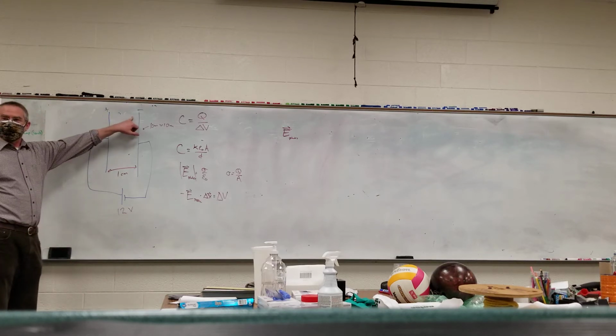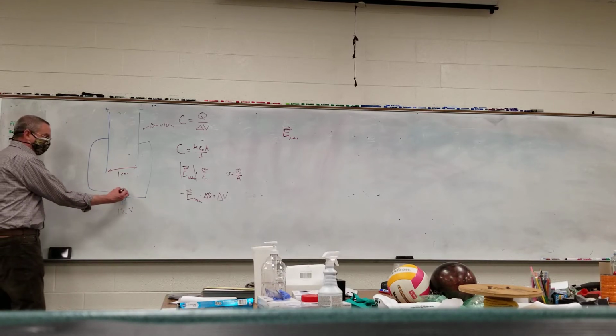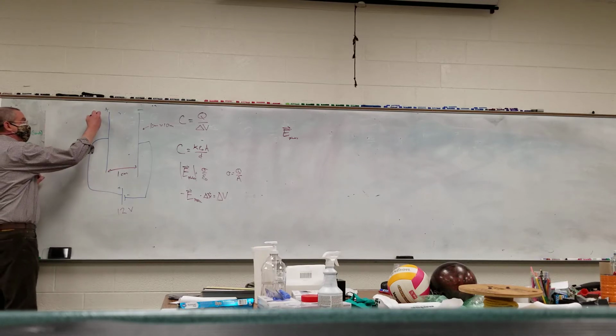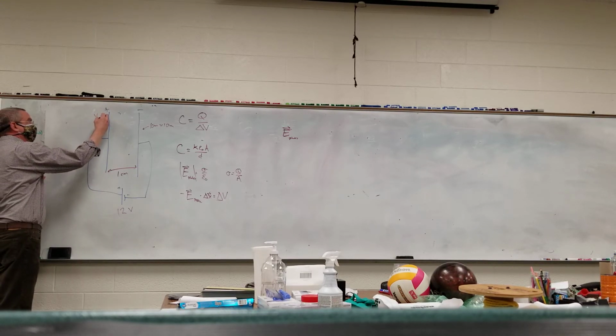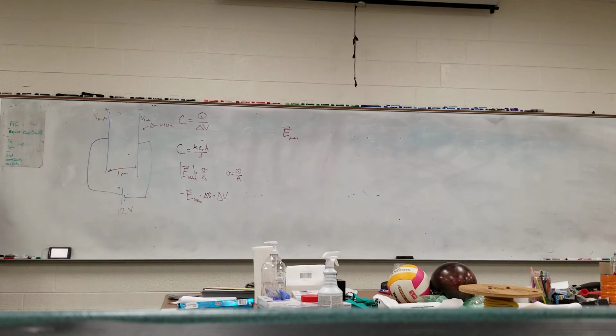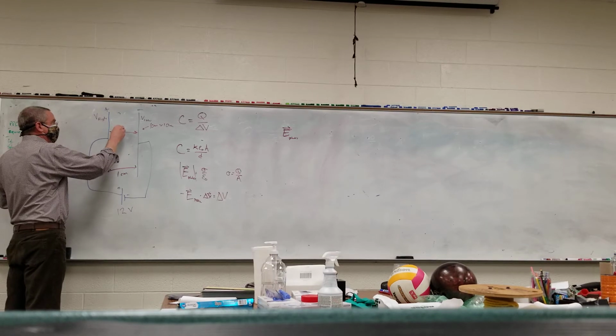This is a higher potential than this is. When I'm looking at my battery here, the longer side is the positive side, the shorter side is the negative side. The positive side is higher potential. V high, V low. Those are relative terms. I have no idea what the actual potential is at either plate. All I know is the difference between them. So if I'm going this direction, then my change in potential is -12 volts.